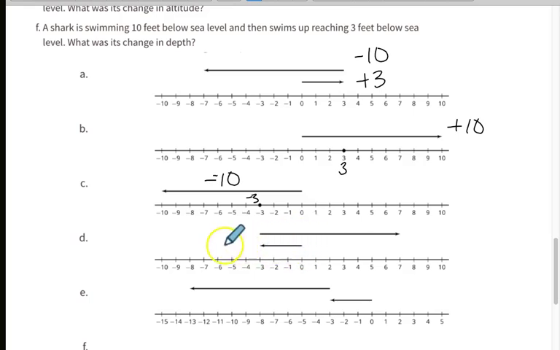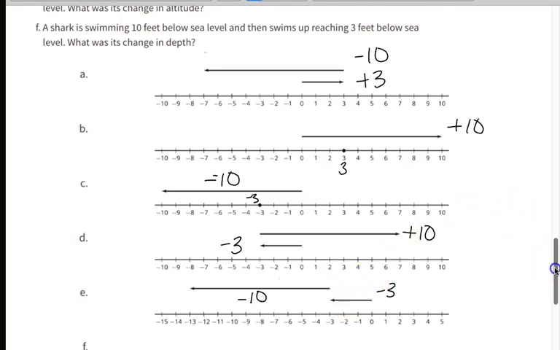I have a negative 3, and then from here to here is a positive 10, because that's going up 3 and up 7 more, so positive 10. This one, again, 2 lines going down 3, and then from 3 to 13, that's going down another 10 more.